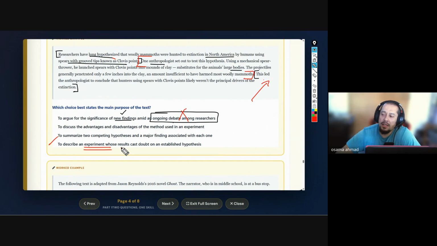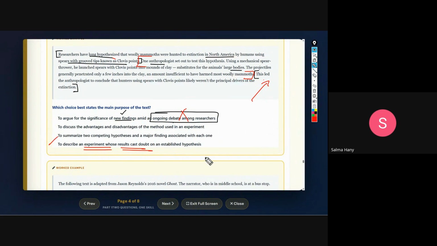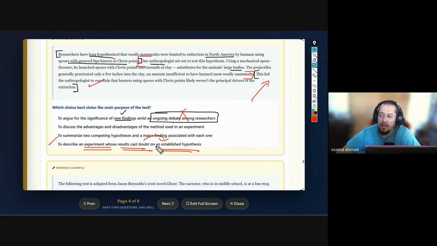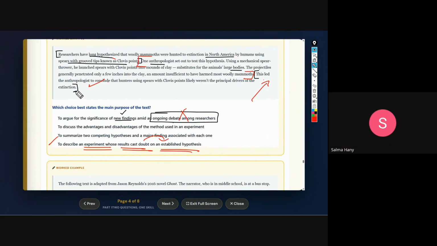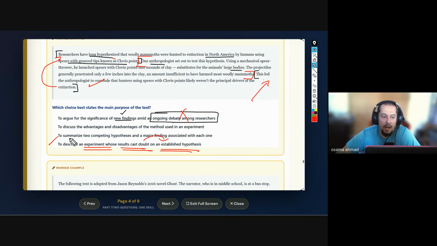Do the results cast doubt? Yes, they do. Where? This led the anthropologist to conclude, casting doubt on an established hypothesis. You see how every part is supported?